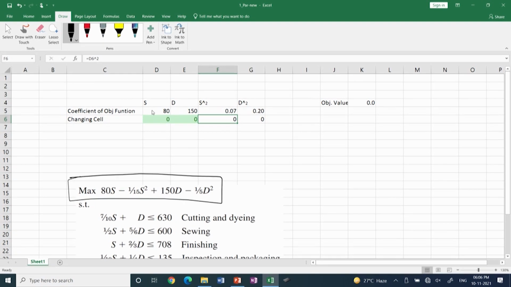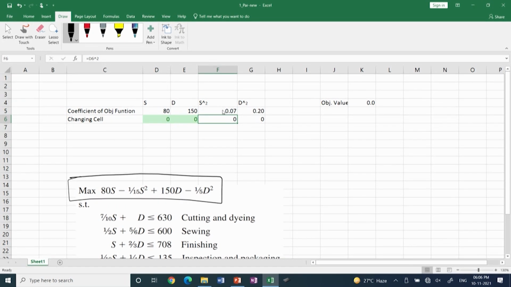So, I have written S in D5, the coefficient of S. Similarly, in E5 I have written the coefficient of D. Then in F5, when I click F5, the coefficient of S square is 1 upon 15.